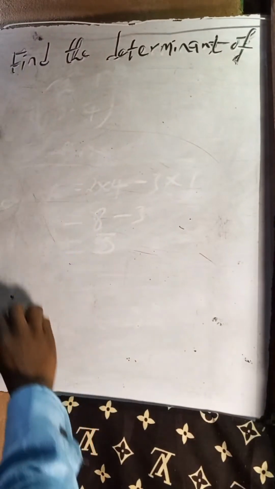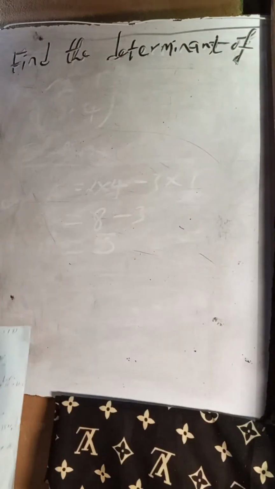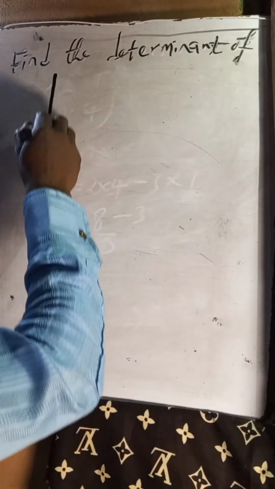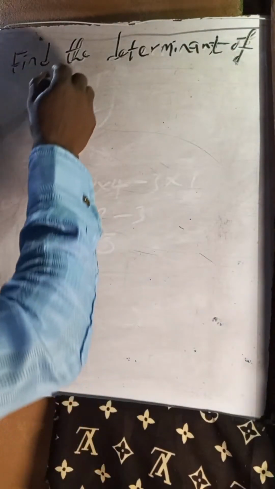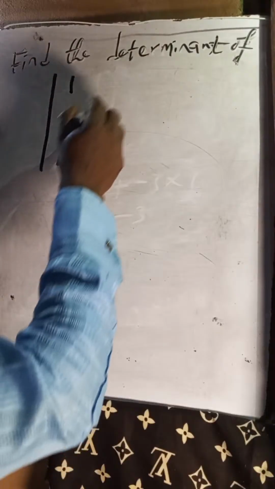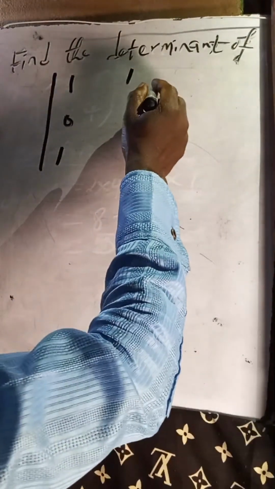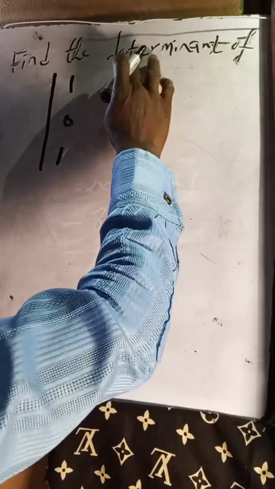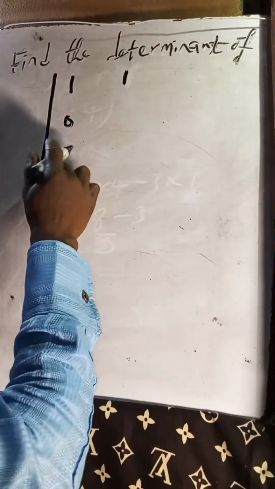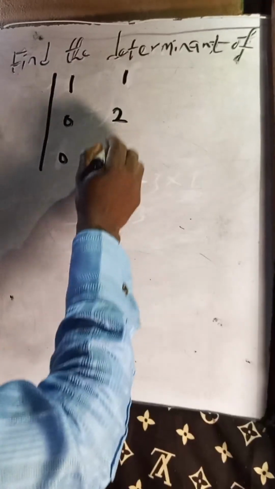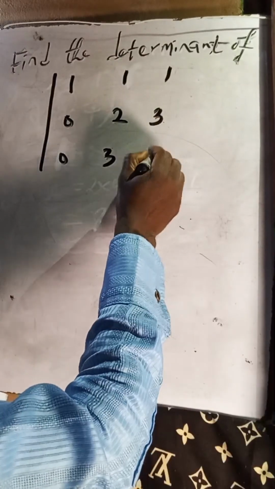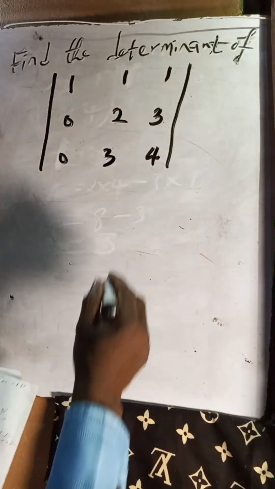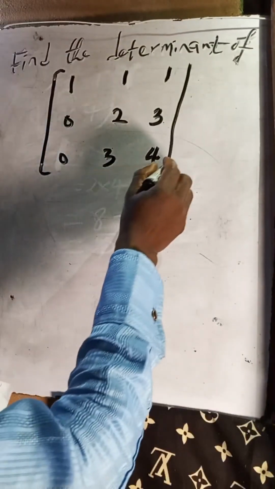Let's say we have the matrix with rows 0, 1, 1; 0, 2, 3; and 1, 3, 4. So let's say we are told to find something like this.